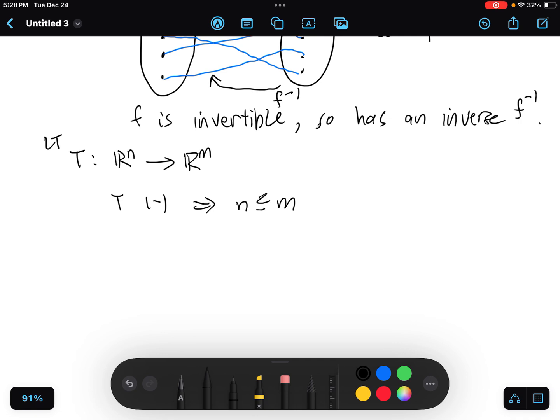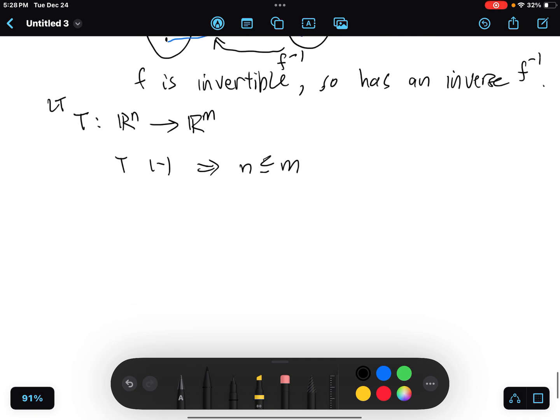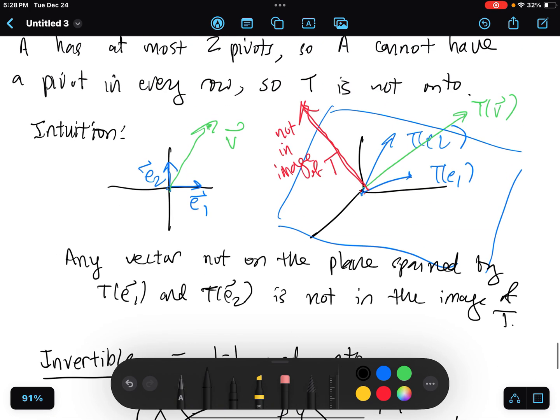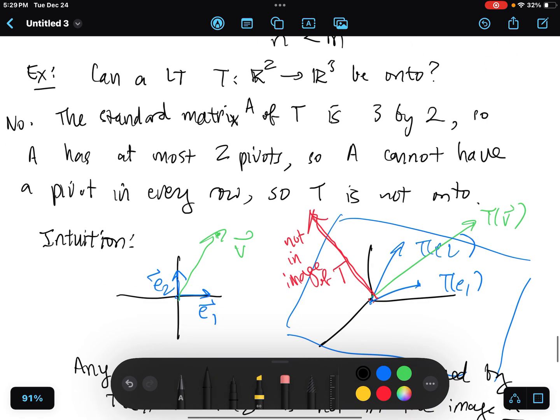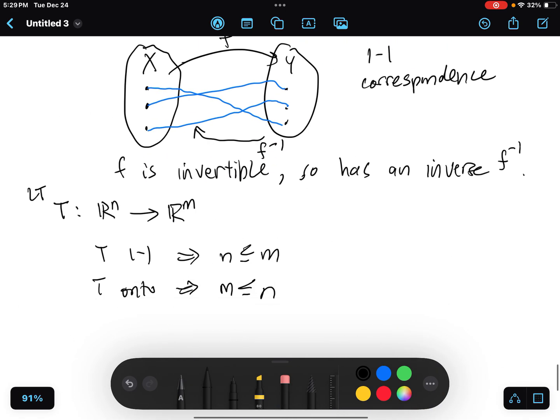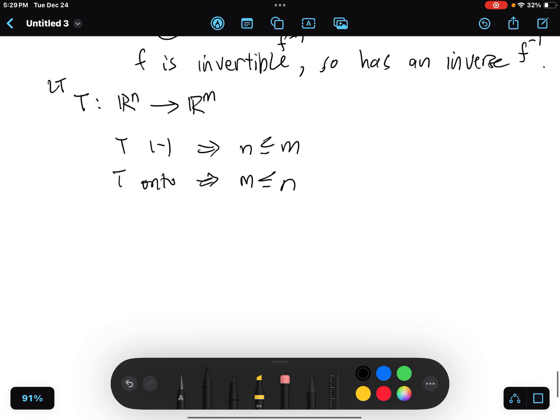That's something we explained in the video on one-to-one. And T being onto implies that m must be less than or equal to n. This is an example with T from R2 to R3. In general, if you have n less than m, it cannot be onto for the same reason.